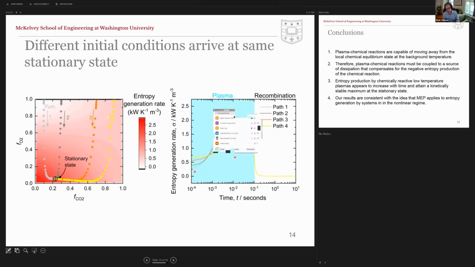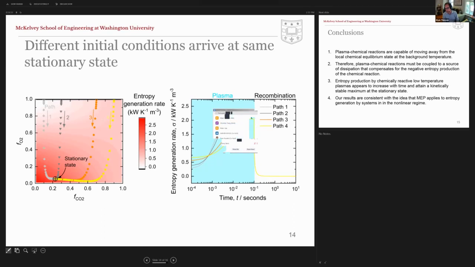And so this is consistent with the system reconfiguring itself into a state that generates more entropy than it did in its initial state. There's an interesting feature here with the gray curve, in that it passes through this maximum before it finally settles down at the stationary state.